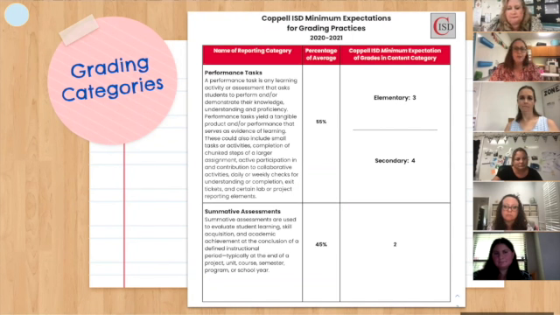And then 45% will be actual tests and final assessments, what we call summative assignments. Those are the bigger, more meaty projects and things like that. These are our minimum expectations of 3 grades in performance tasks and 2 grades in summative. Obviously, we're checking in on them way more than that. So you'll see their grades there.